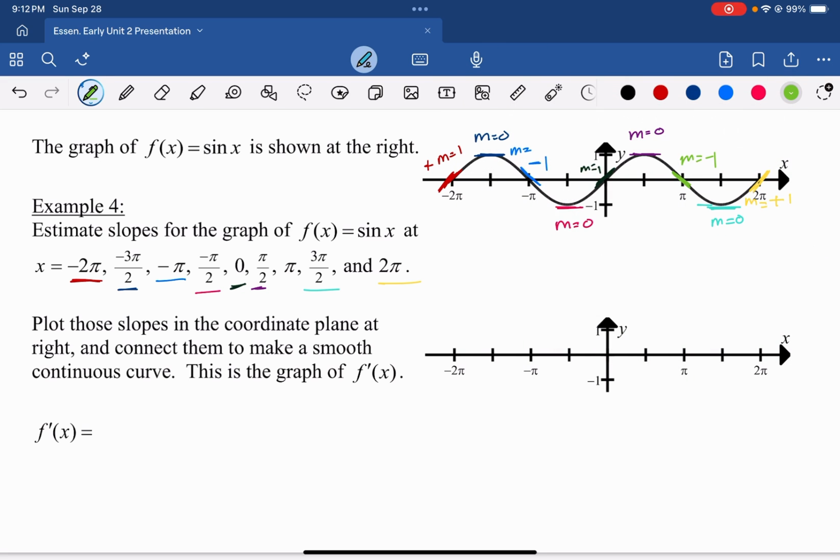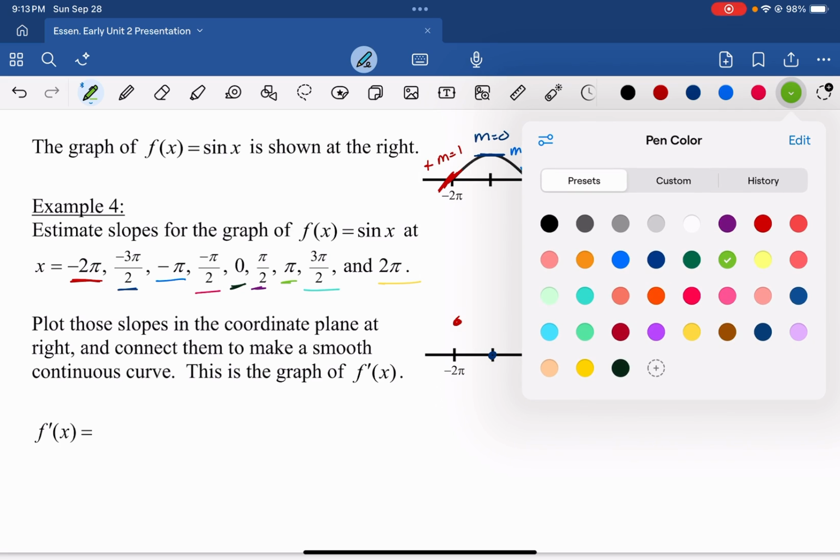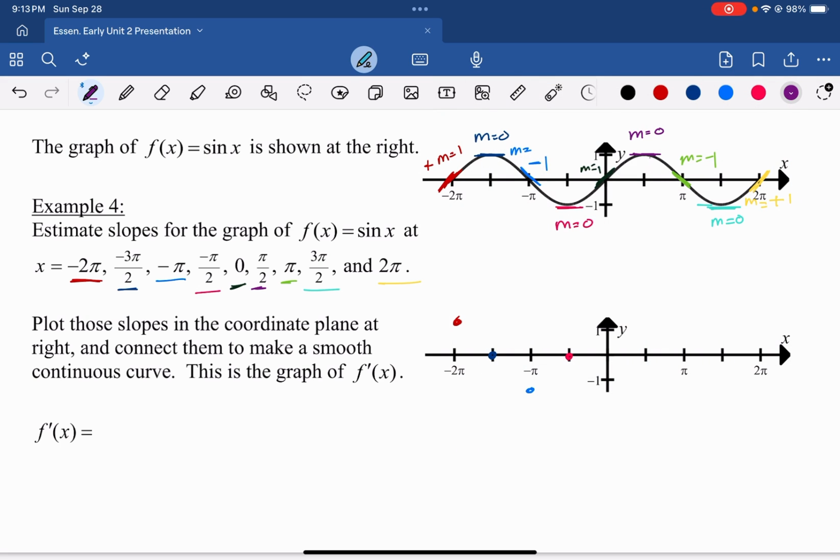Now we're going to plot those points. I'm plotting the slopes. At negative 2 pi, the slope was 1. At negative 3 pi halves, we had 0. At negative pi, our slope was negative 1. At negative pi halves, our slope was 0. At x is 0, our slope is positive 1.